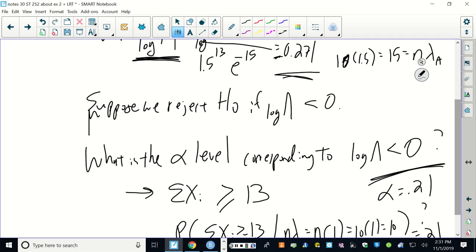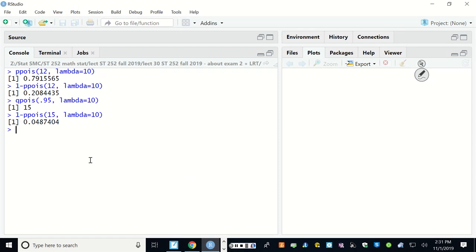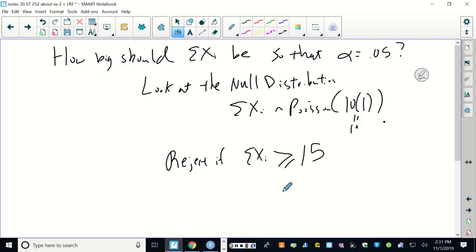Okay. So this other calculation says reject if the sum of xi is greater than or equal to 15. Is that what it's saying here? And then what do I get when I do this calculation? This is the probability that it's greater than 15. You have to be careful with these things.